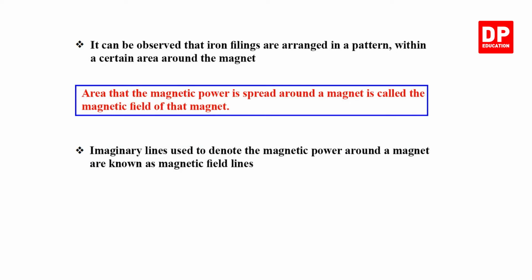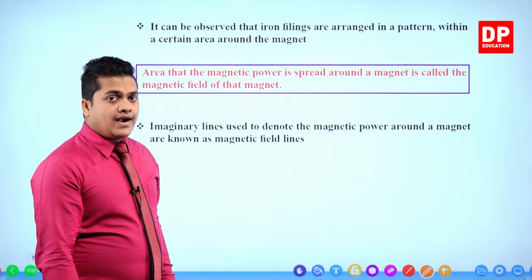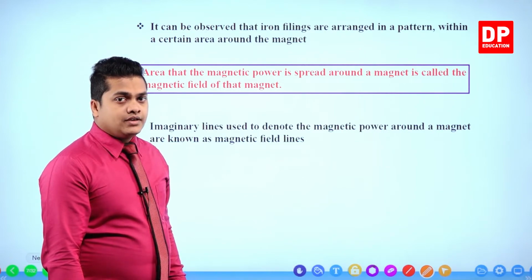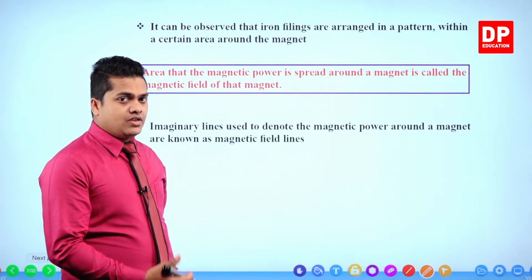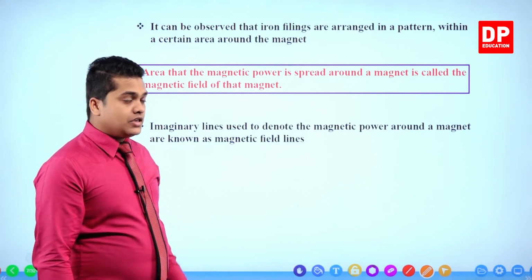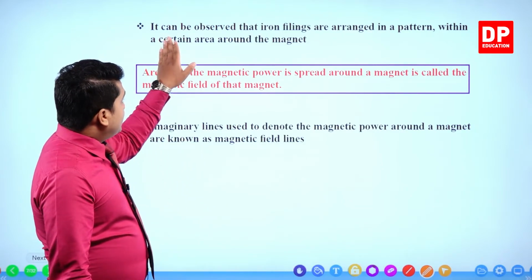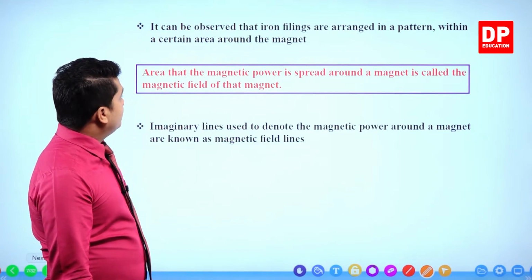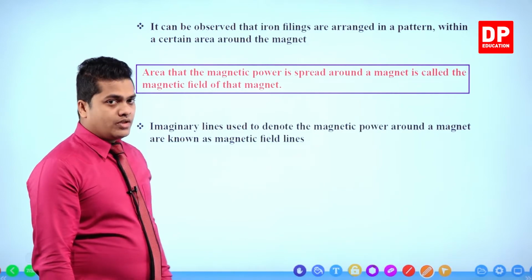So here you are given the things which we identified in the magnet. The things related with the magnetic power, we refer to as the magnetic field. Here it can be observed that iron filings are arranged in a pattern within a certain area around the magnet.